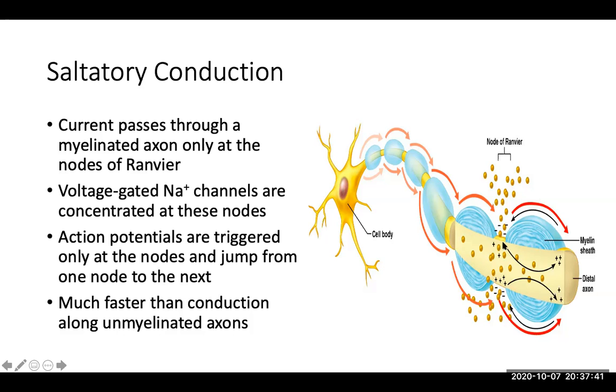And we call that saltatory conduction. Saltar means to jump in Spanish, I believe. So the saltatory conduction jumps between these nodes of Ranvier where that action potential will occur. And again, this will be much faster than conduction along unmyelinated axons. So the myelin sheath helps the conduction of this electrical signal.